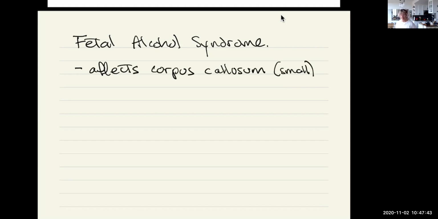It's smaller. It doesn't develop properly. And it reduces the size of the basal ganglia. That's something we'll talk about. That's deep gray matter.